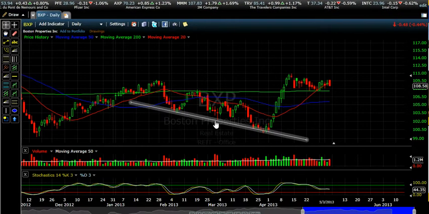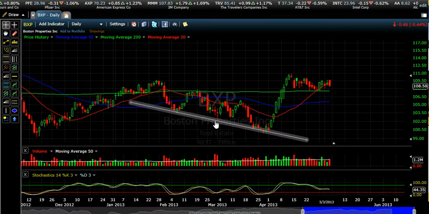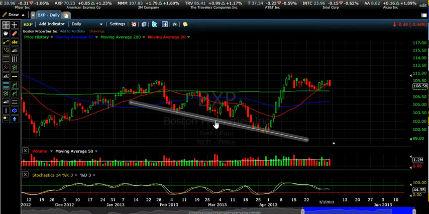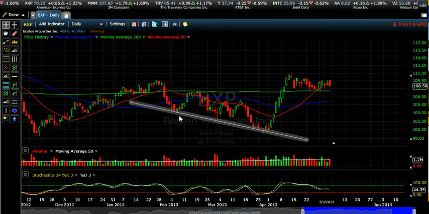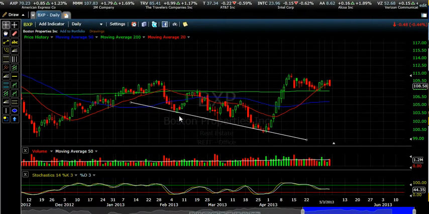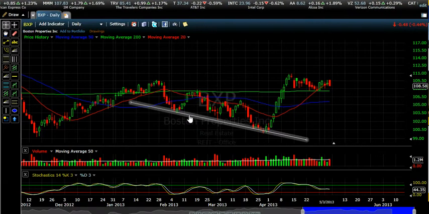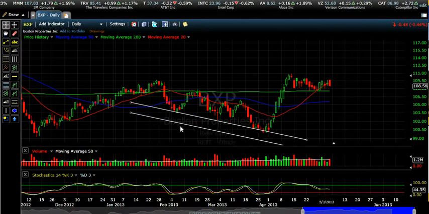Like I said, you develop the eye for recognizing points within the chart that just stand out, and it just kind of looks obvious as to where the stock is going and the areas at which it's bouncing off of.